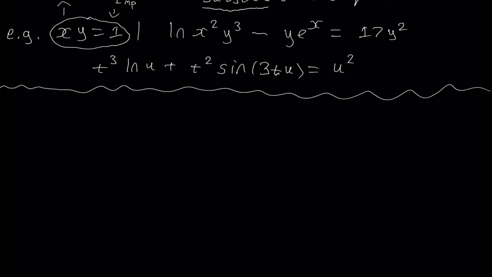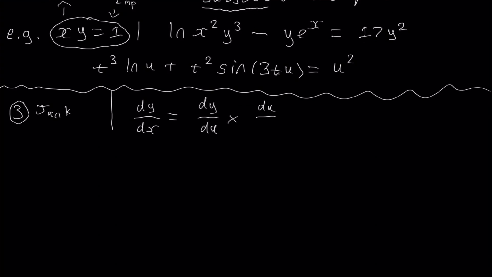Now, the first way that we could look at this, which includes quite a lot of jank, is going to be considering the chain rule itself. We'll look at dy dx is equal to dy du multiplied by du dx.